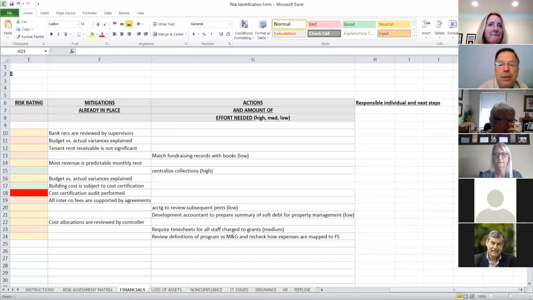Any other thoughts about ways to improve this? And while you're thinking about that question, I guess maybe the big question hidden in all of this is, do you see a tool like this being useful in your organization?